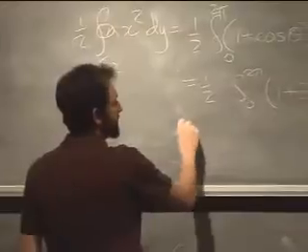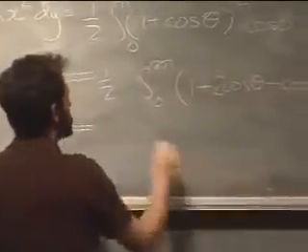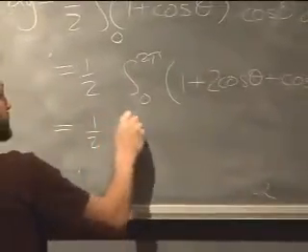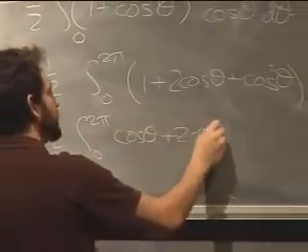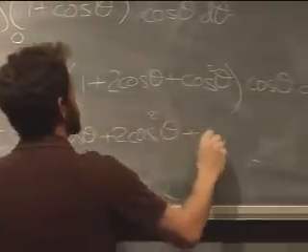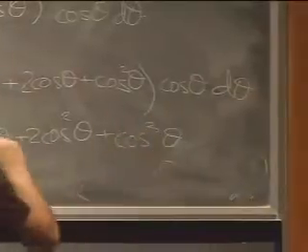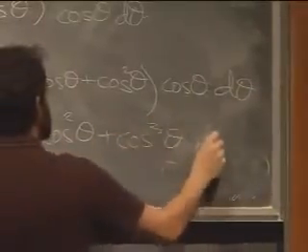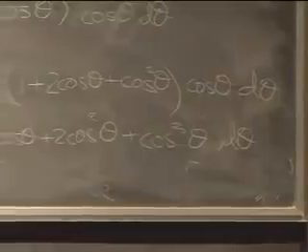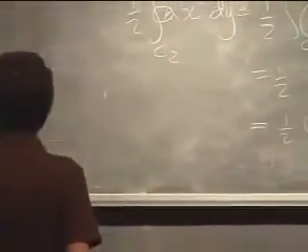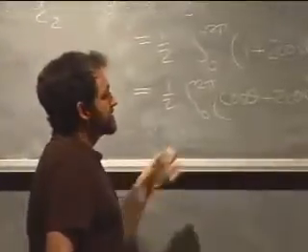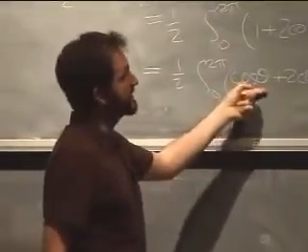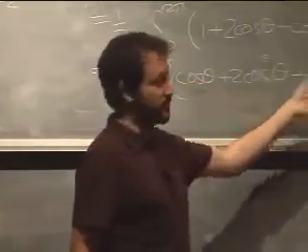And if you expand that out, you find you get 3 terms. Cosine theta plus 2 cosine squared theta plus cosine cubed theta d theta. And you actually need this first integral minus the second integral. Well, whatever. The fact is, when you do the cosine theta thing, you're going to get 0. And the cosine cubed, you're going to get 0 for reasons that I described before.